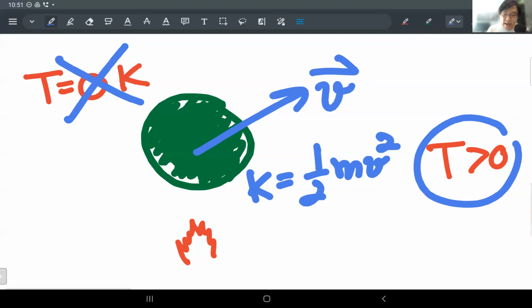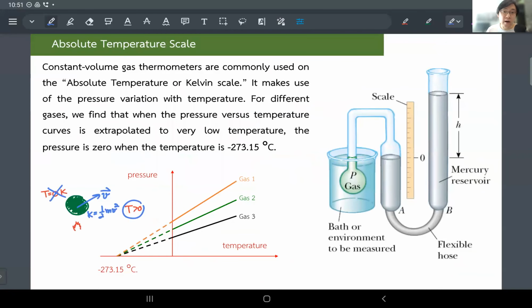So everything in this universe must be moving somehow. I hope by saying so much about this, you understand what I'm trying to get to. Temperature has a direct connection to energy, to be exact, the kinetic energy. Every time you talk about 0 Kelvin, the absolute 0 temperature, that means 0 energy, no movement, no kinetic energy.